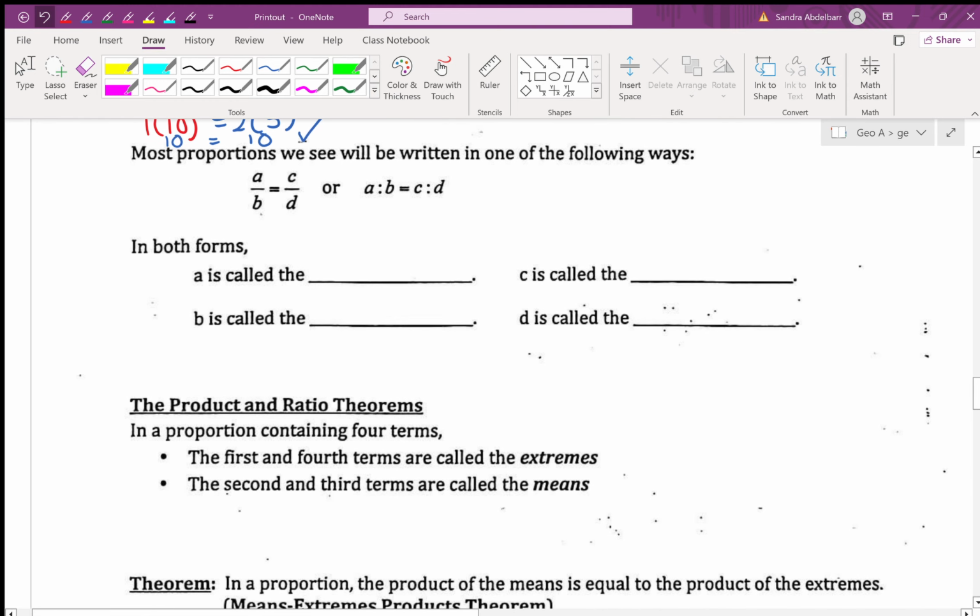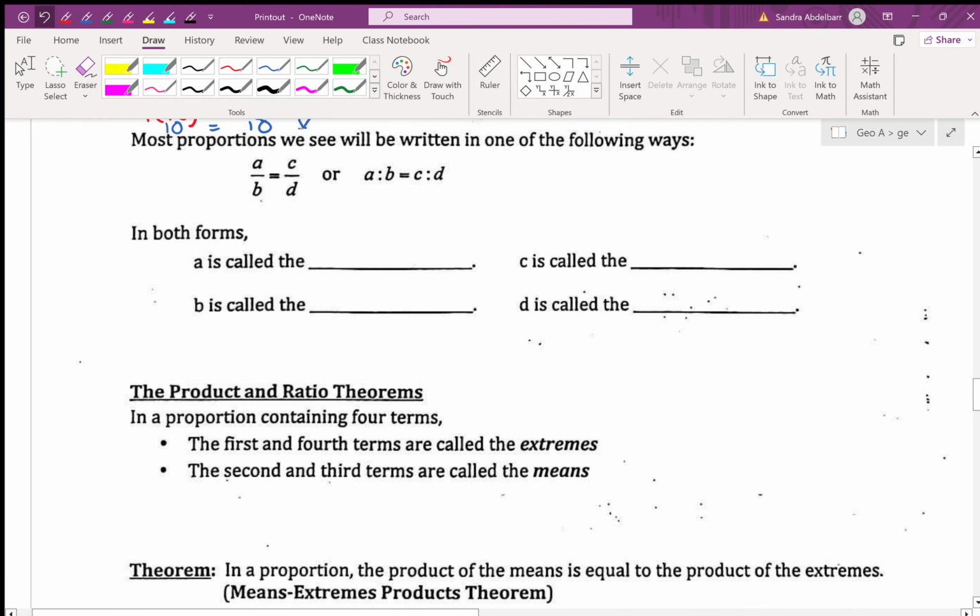All right. So anytime you have a proportion, there's names for the different spots, right? So you have one fraction equals another fraction. The first numerator, which is represented by A here, is going to be called the first term.